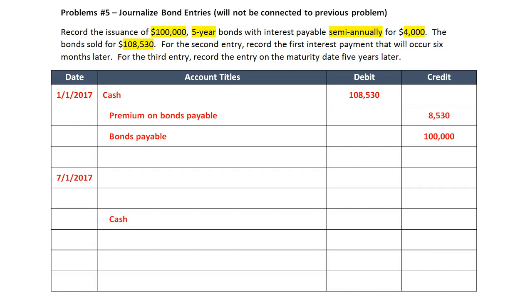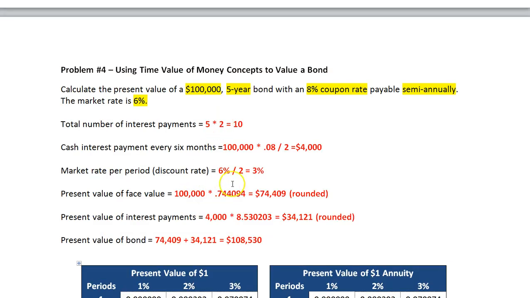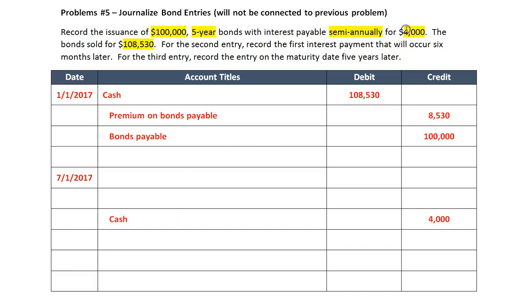We don't need the formula. This problem is giving you the cash payment, so you don't even have to calculate it. This is mainly just a question over the journal entries. The other one was a question over the math of it, so I separated the two. So the cash is given.